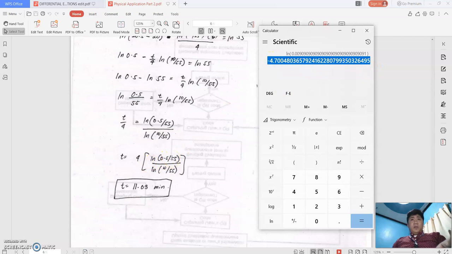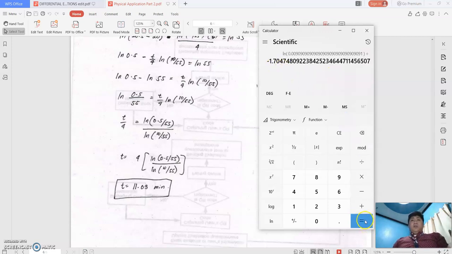So, okay, let me redo it. So first I do 10 divided by 55, ln of that. Okay, let me copy, let me clear, then go back. 0.5 divided by 55, then ln of the answer divided by negative 1.7.